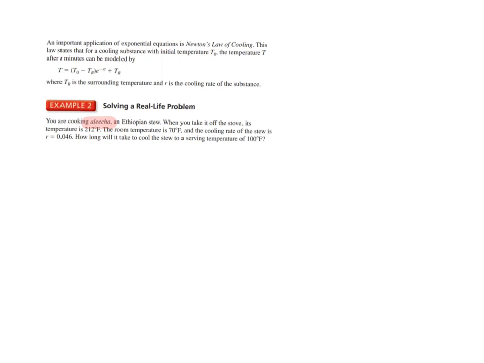Alrighty, so we have some different things we need to put into our overall equation here. We have our temperature at 212 degrees Fahrenheit. So that's going to be important, right? That's the initial temperature. So we've got our T sub O is equal to 212 degrees Fahrenheit.